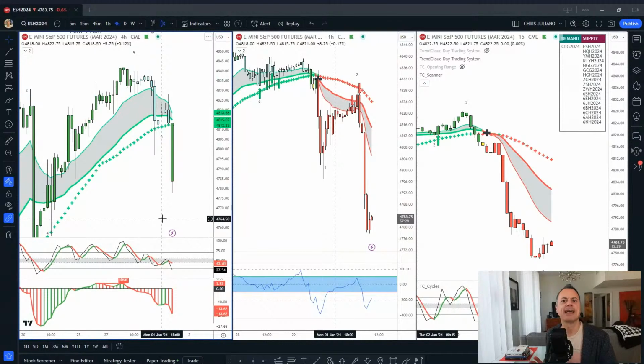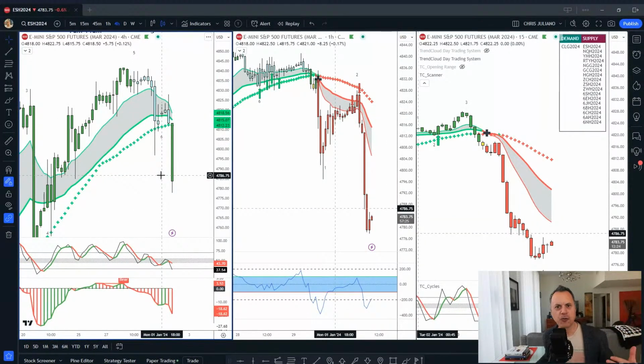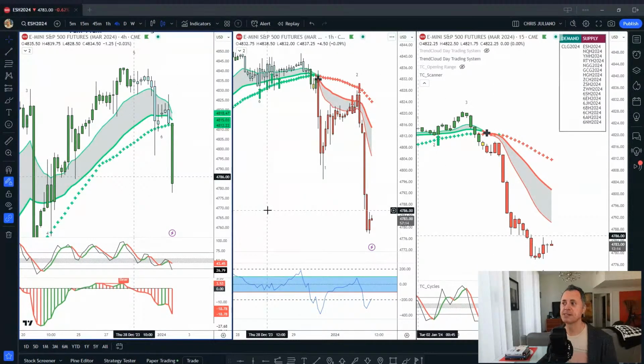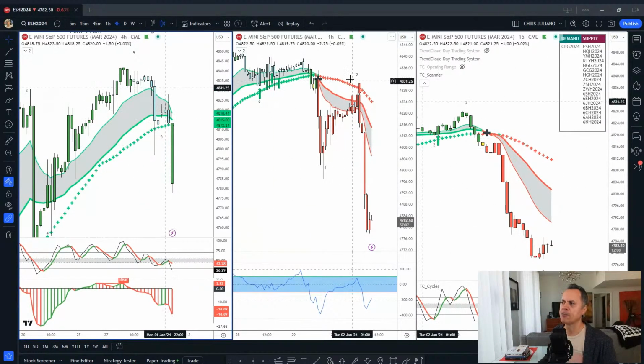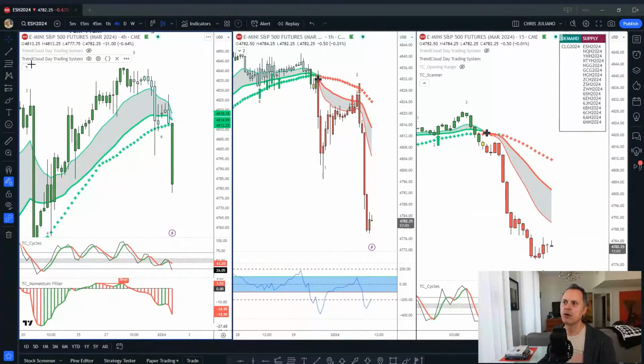It's a lot to look at first, right? TrendCloud color coordinates your charts, and we look at trend and momentum, cycles, multiple time frames, support and resistance, and supply and demand. Those are the 6 elements that are programmed into this thing that we call the TrendCloud Day Trading System.